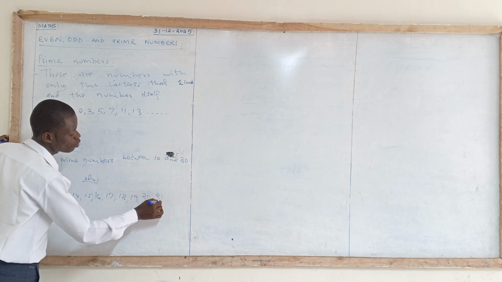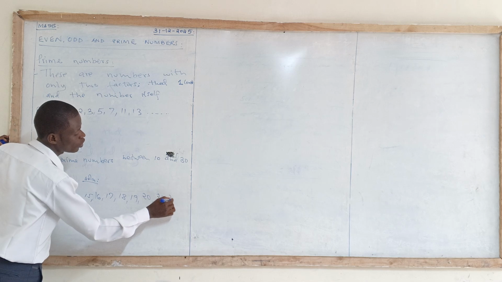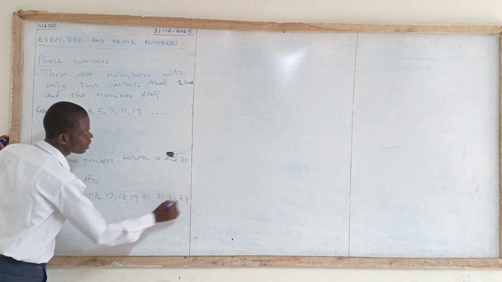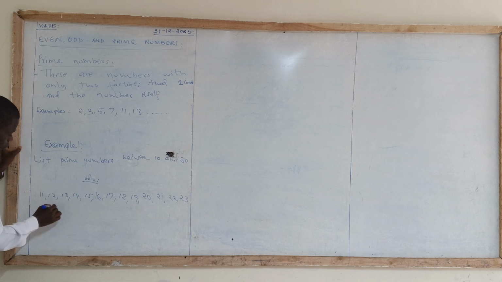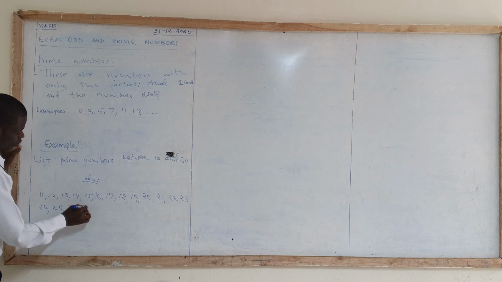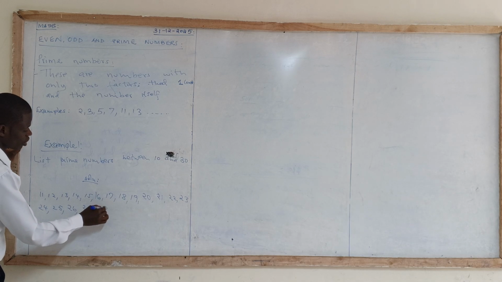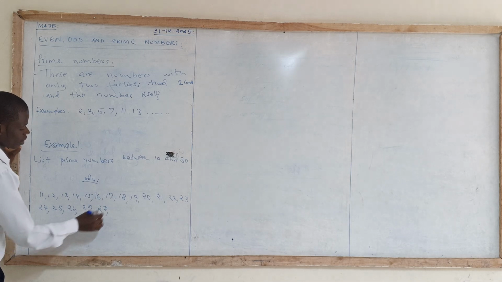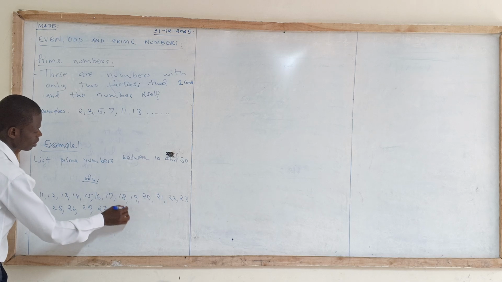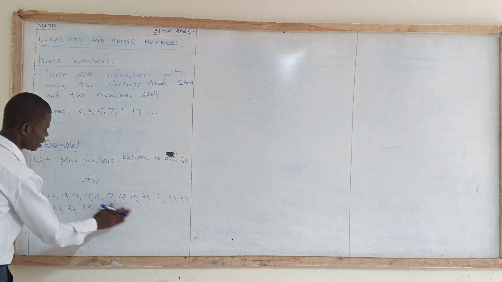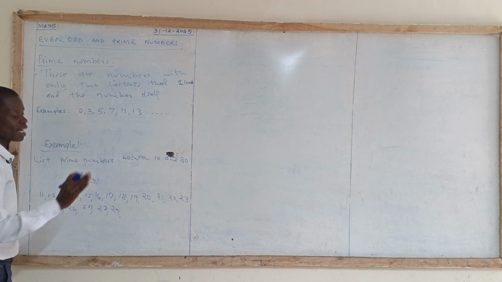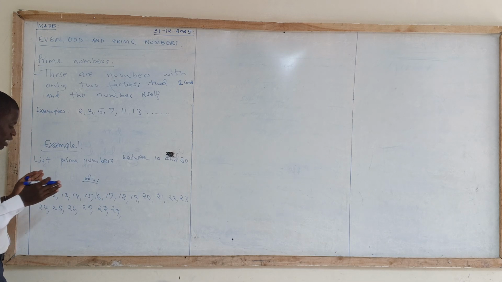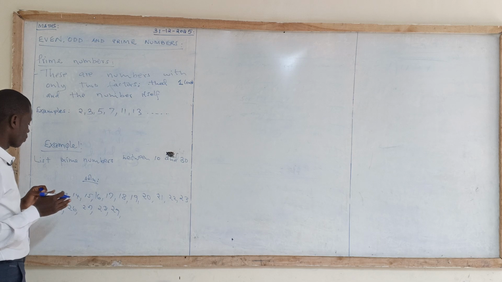After 20, 21, 22, 23, 24. After 24, we have 25, then 26, then 27, then 28, then 29, then 30. So 30 is not included, because it is between. So we remove 10, we remove 30. So all numbers between 10 and 30, those are what we are interested in.